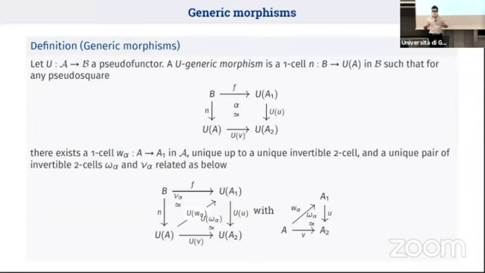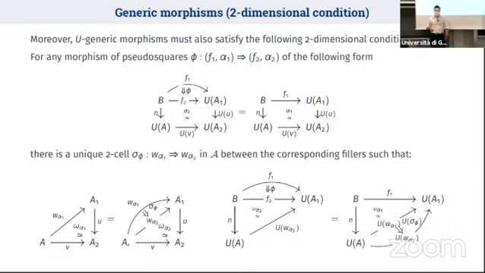I would say that for a pseudofunctor, a morphism is generic if for any pseudo square, as below, you have a decomposition as a pasting where the right part of the pasting must come uniquely from an invertible two-cell in your category of local objects and local maps. And moreover, you have to require some pseudo-functoriality of this choice of a lift relative to morphisms of pseudo-squares.